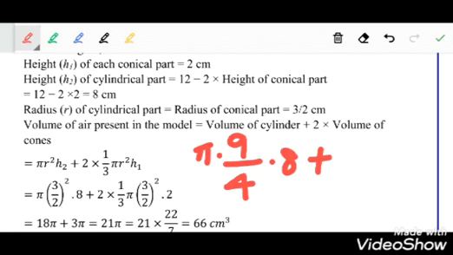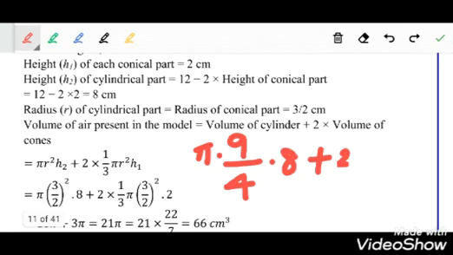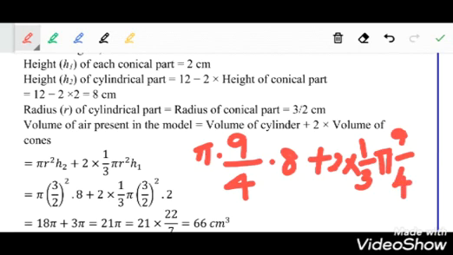So it can be 2 into 1/3 pi, we take it as the same, and it becomes 9/4 into 2. So we have to take 2 into 1/3 pi and 9/4 into 2.